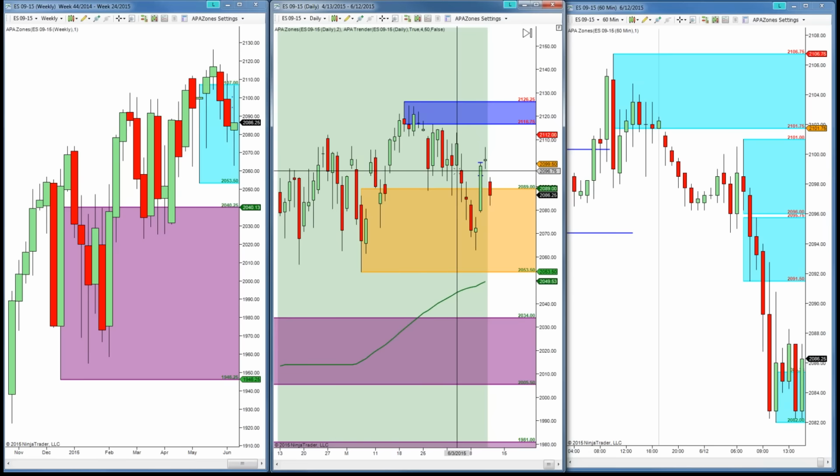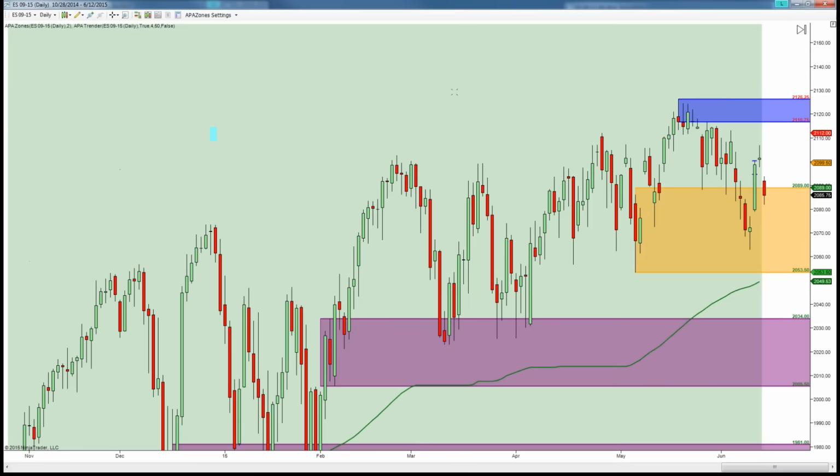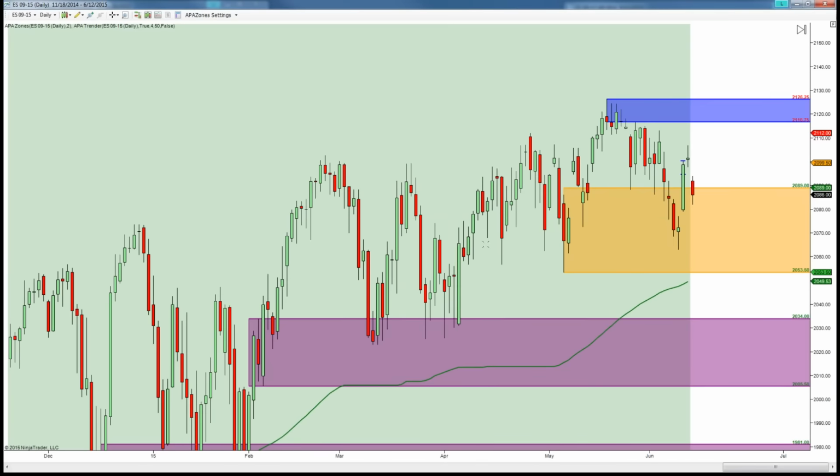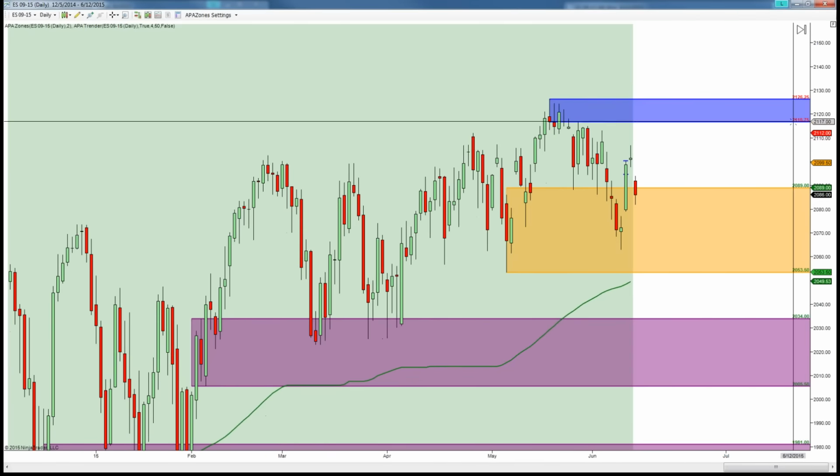Let's go ahead and take a look at the indexes, at the ES here. On the ES, it looks like we're still in our uptrend. However, again, it is a very rangy uptrend. So I think that is interesting to say the least. Very, very rangy. You can tell that a lot of people are very uncertain just by how rangy this thing has been for the last 6 months.